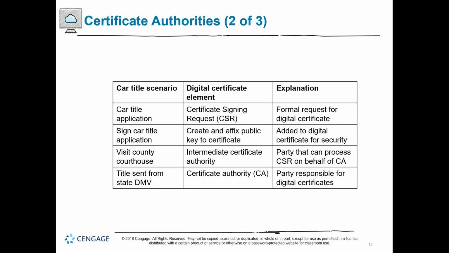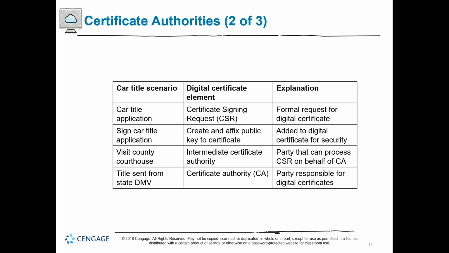That is, again, equivalent to us actually contacting an intermediate certificate authority. The courthouse will process their request, and then they will send approval to the DMV, and then the title will be sent from the DMV to us. We don't get to interact with the back end DMV. We interact with the courthouse that releases the information from the DMV to ship it to us.